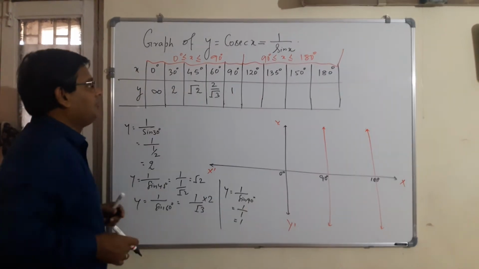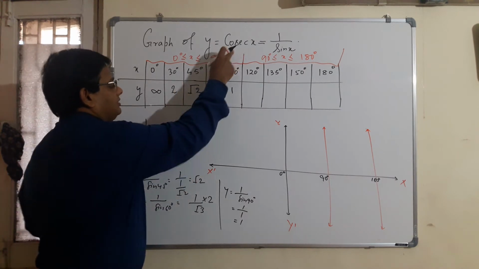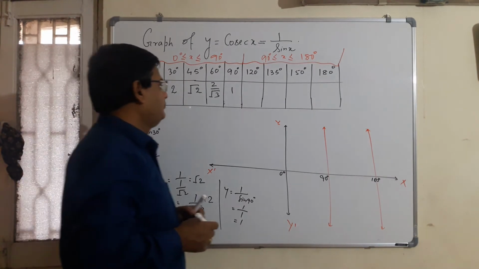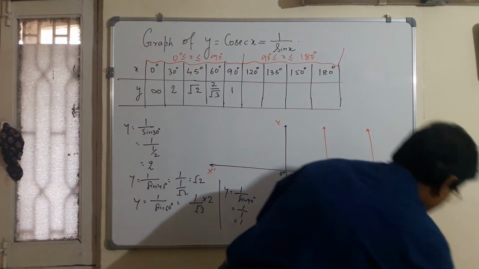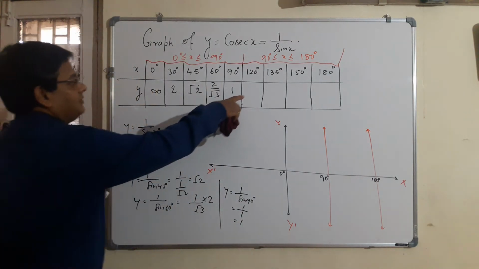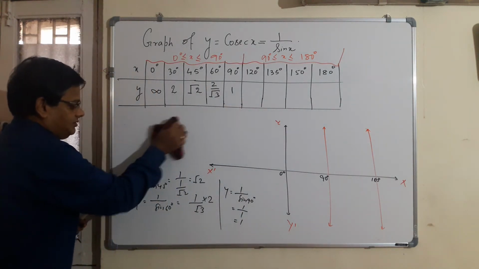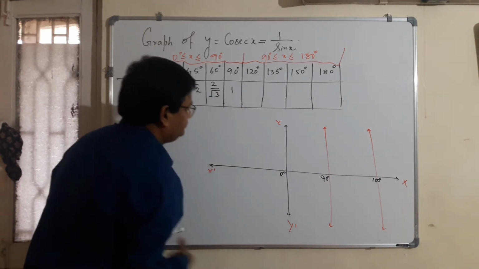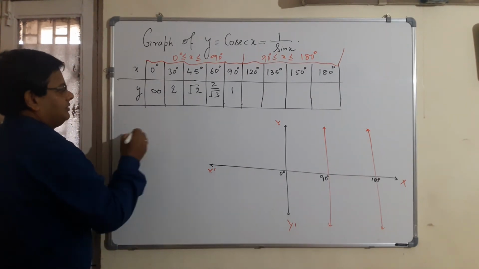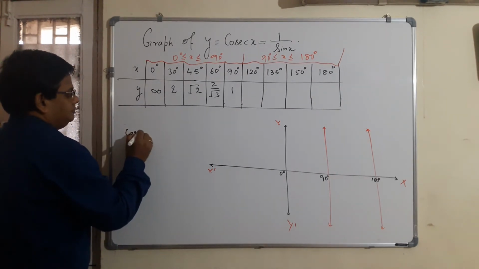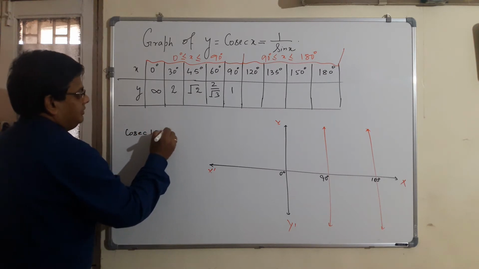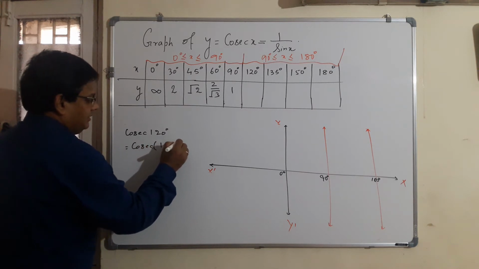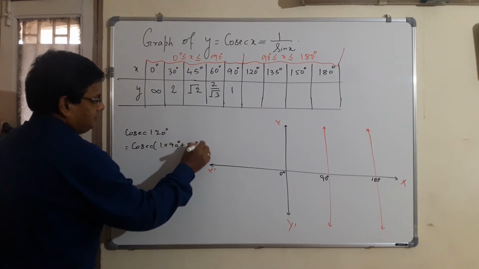Now this is the first quadrant, where cosec theta is positive. All trigonometric ratios are positive in the first quadrant. Now come to the second quadrant. Cosec 120 degree is cosec of 1 into 90 plus 30 degree.